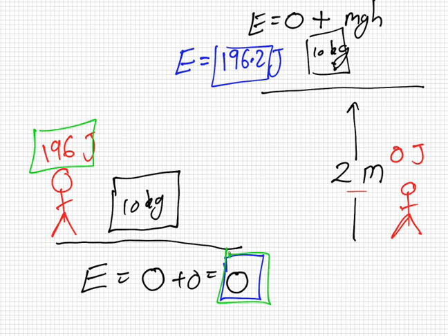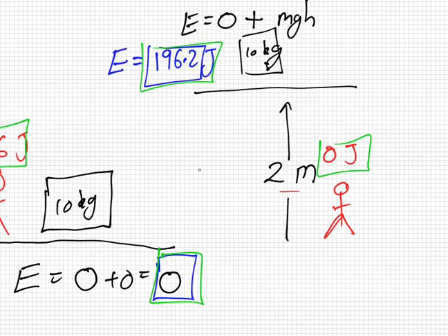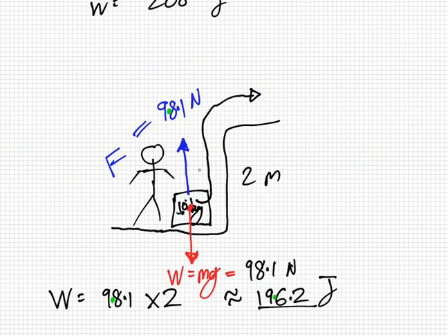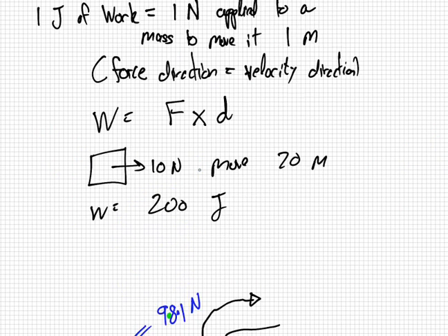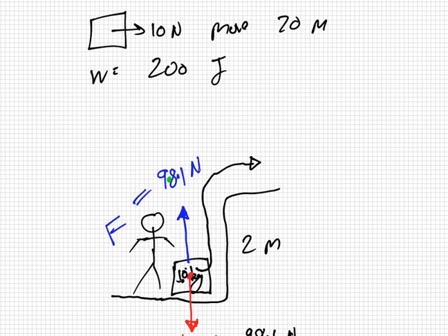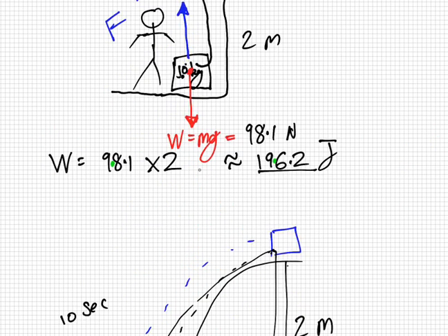In total at the end, it is 0 plus 196. So, this man, he did 196.2 joules of work. He gave it to the box. And you see, that's the same answer when you use this formula. Okay? So you see, I'm trying to link the two together.